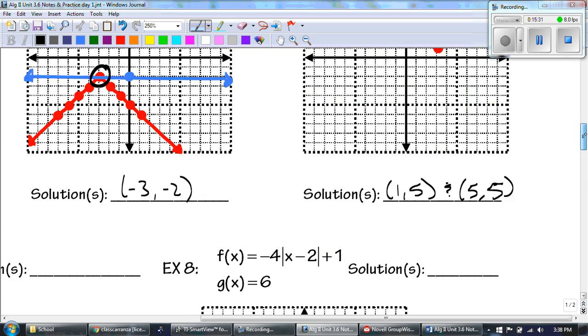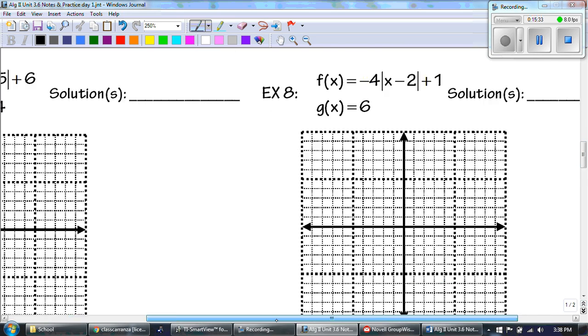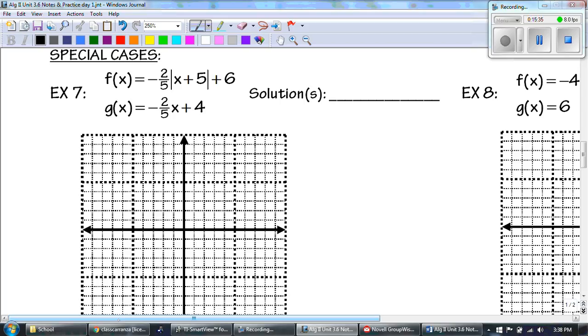All right, 2 more. And here come the special cases. No, they're not going to be that hard. Okay, so let's look at our first one. -2/5, that's telling me we're going to go down 2 over 5.